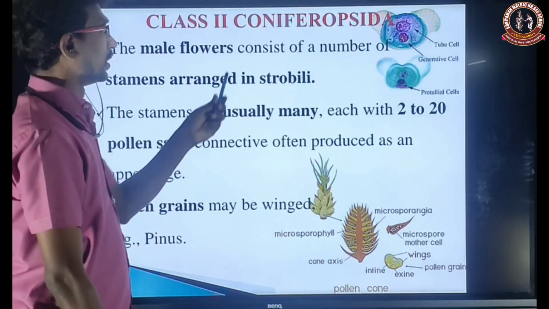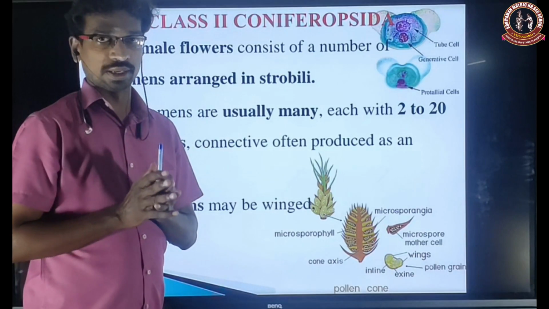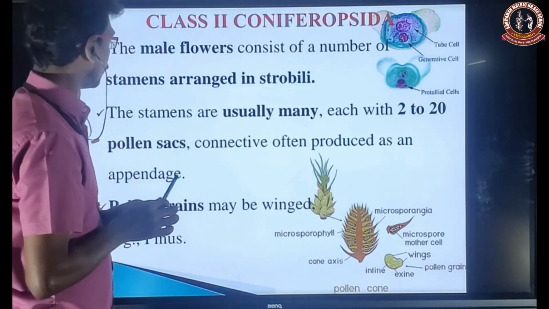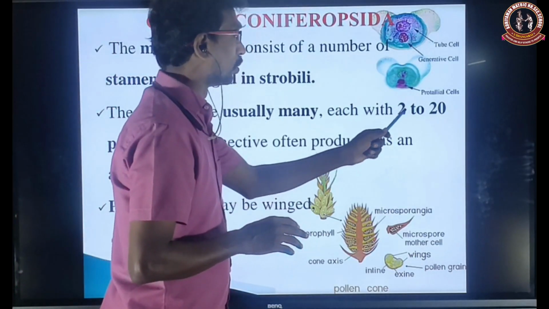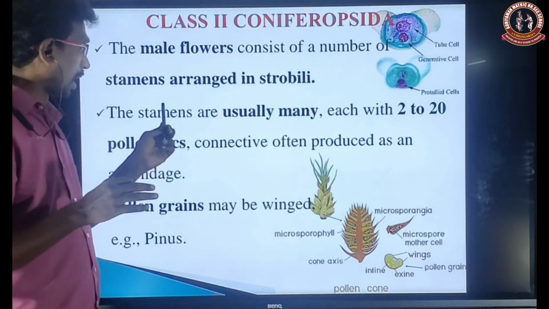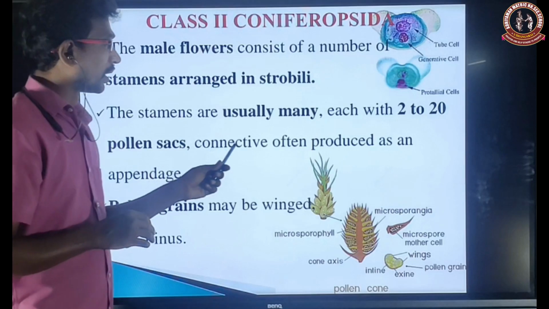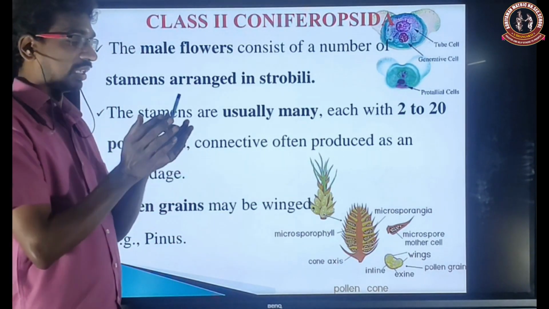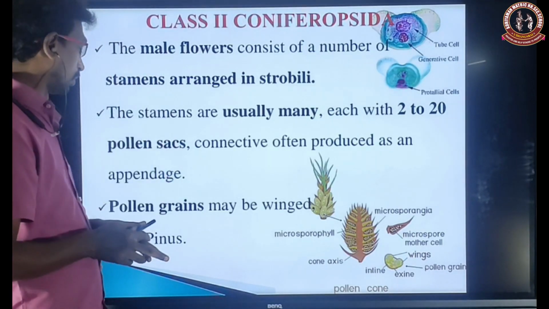The male flower consists of a number of stamens arranged in a strobilus. The stamens are usually many, each with 2 to 20 pollen sacs. The connective is often produced as an appendage, so laterally it forms a cone-like structure.